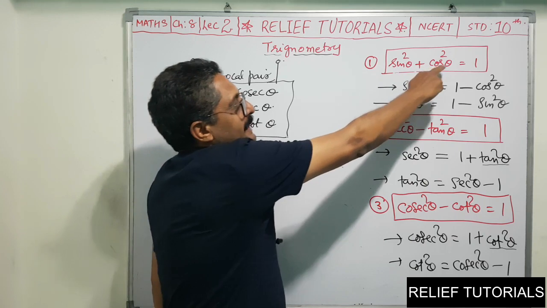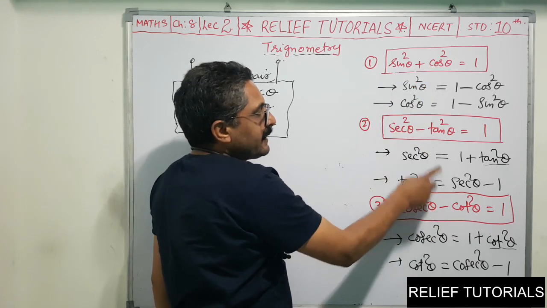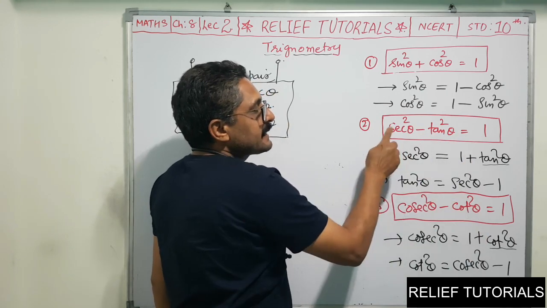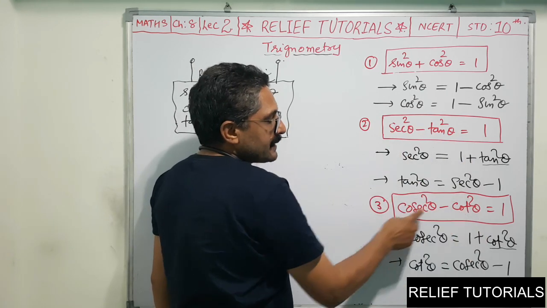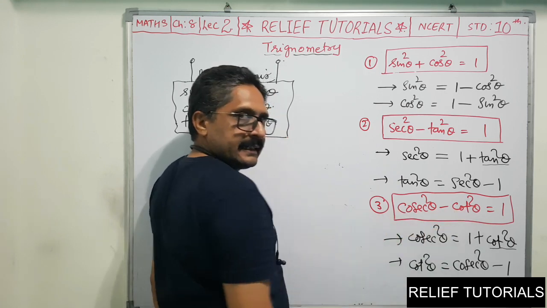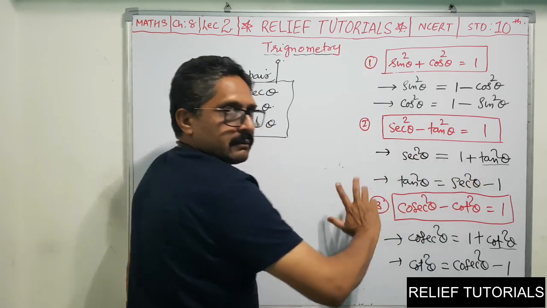So in sin square plus cos square, it is plus; in both the other cases there is minus, and minus goes with tan and cot. The pair of tan is sec, the pair of cot is cosec, co with c.